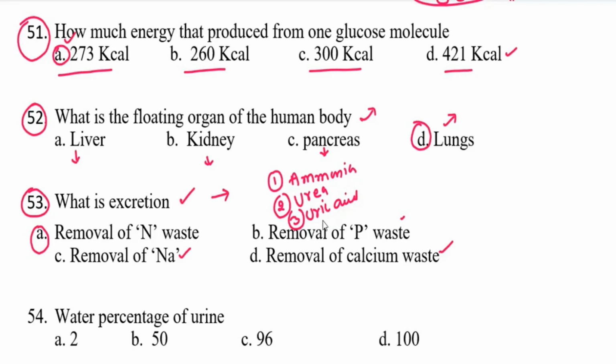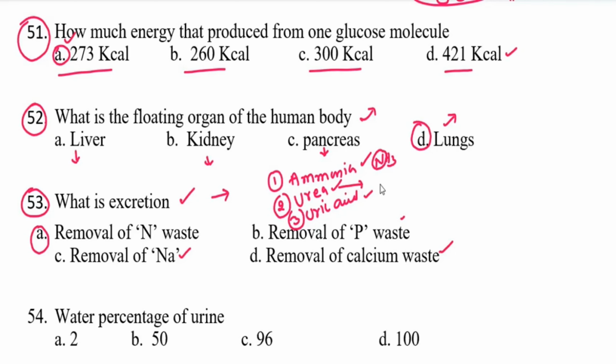These three are the excretory materials of different organisms. They are present in fishes, in humans, in different insects and also lizards. Ammonia contains NH3, so N is present.